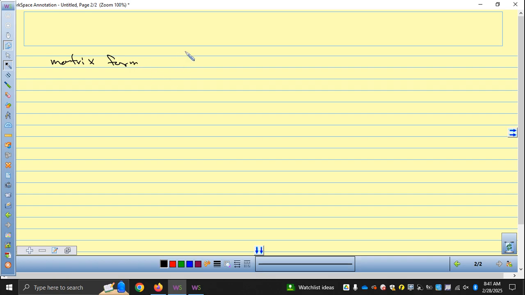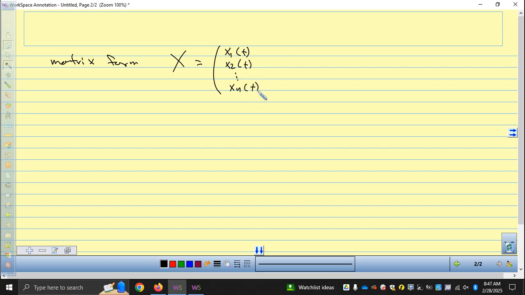We're going to let capital X equal the matrix, and a nice thing as you go further in math is we get less picky about how we write things. So all matrices we just show with parentheses. So x1 of t, x2 of t, to xn of t.